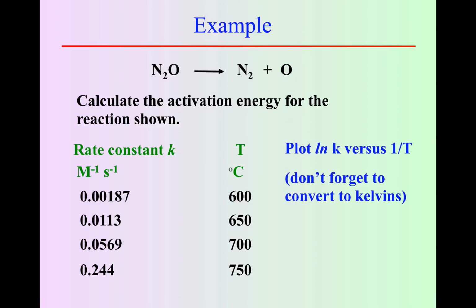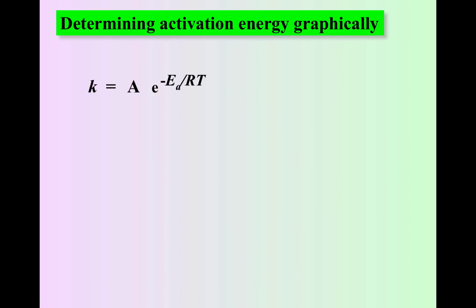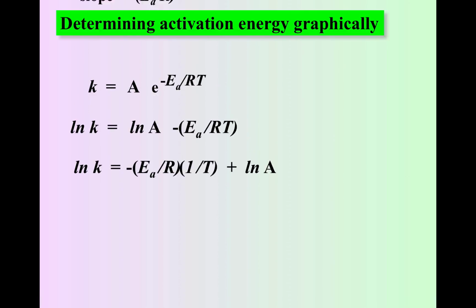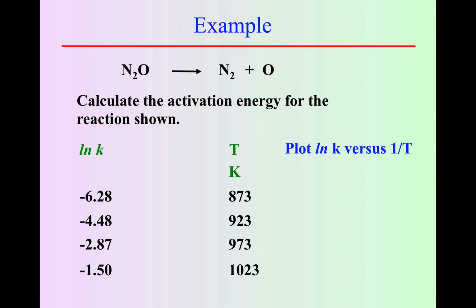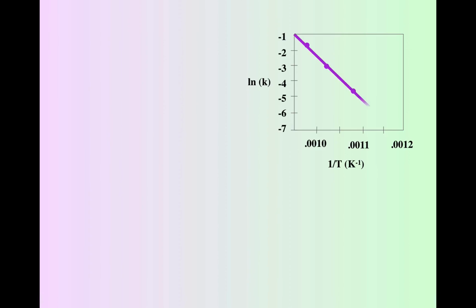Of course, we can't have it in degrees Celsius. Just quickly flicking back to the Arrhenius equation, T is the absolute temperature, right? So it's got to be in Kelvin if we're using R. So get it in Kelvin. Take the inverse. Take the natural log of K and then plot. I end up with a straight line with a negative slope.